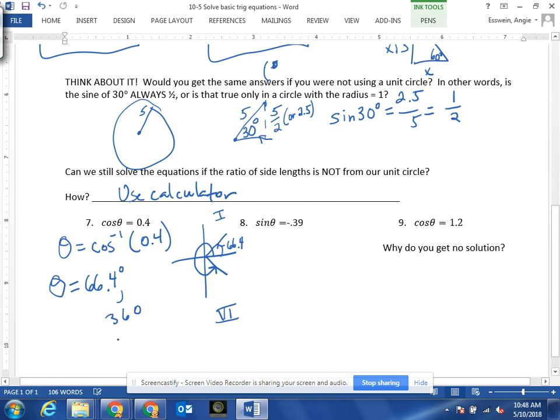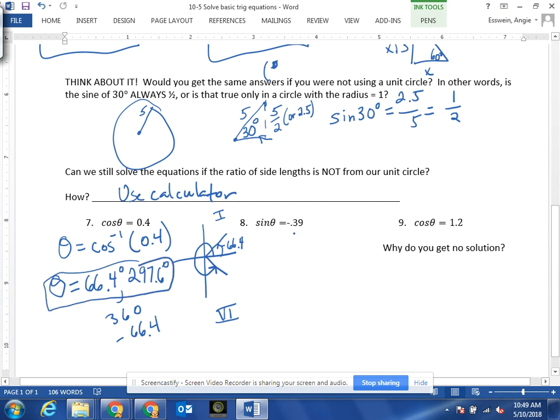Now you're just using geometry. So 360 minus 66.4 is about 295.6.